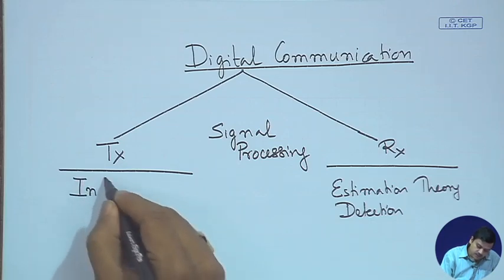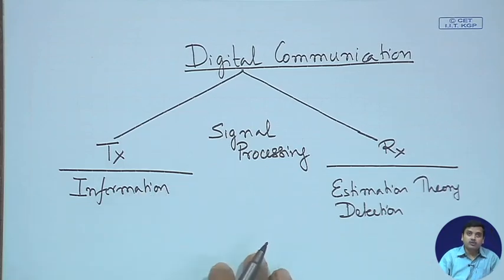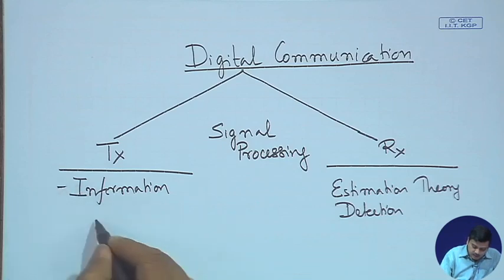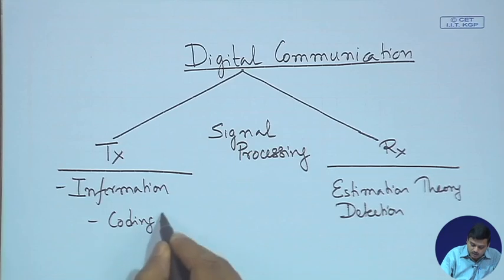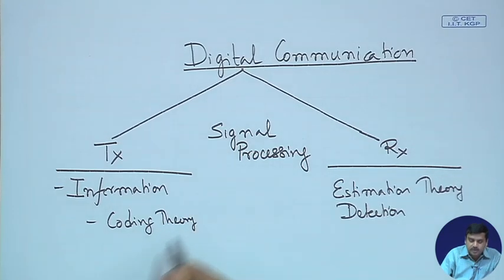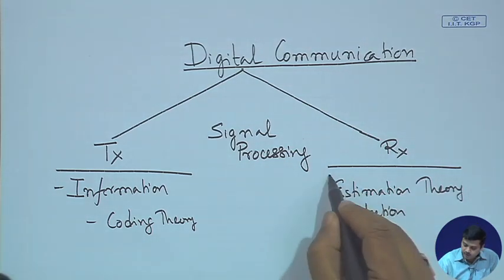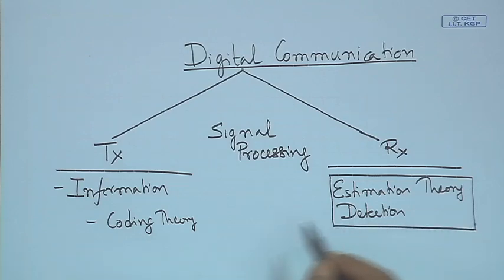At the transmitter, the closest that we can think of is information theory, because it gives a bound on the amount of information that could be sent. You can also use coding theory, which we have not referred to in this particular subject. There are some other important subjects as well, but fundamentally what I want to convey to you is that the receiver is almost entirely developed using estimation and detection theory.